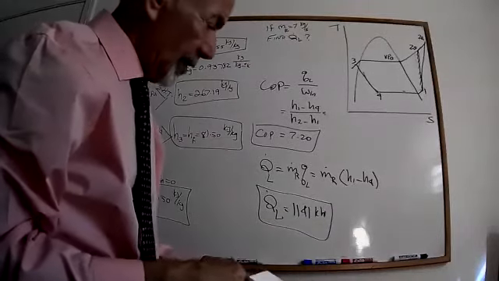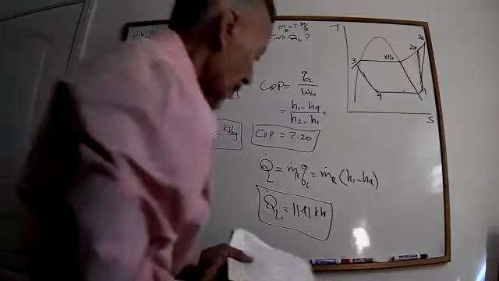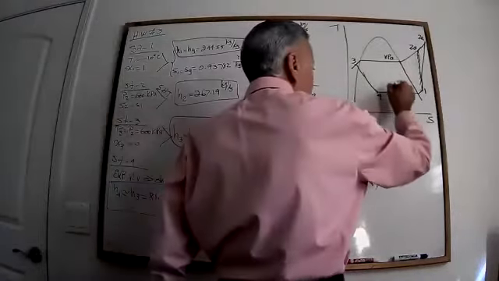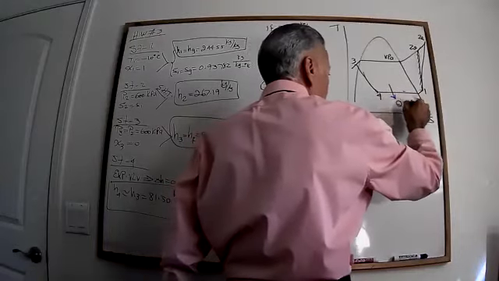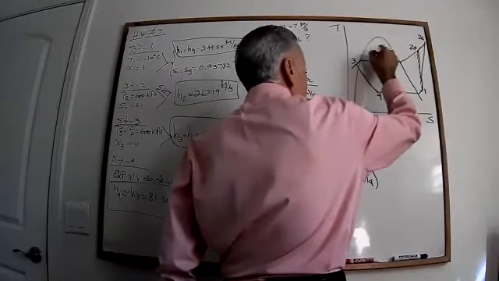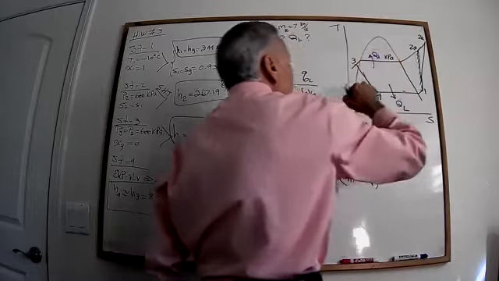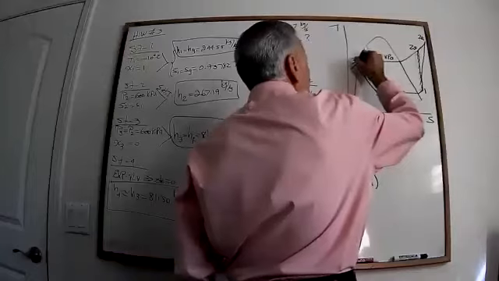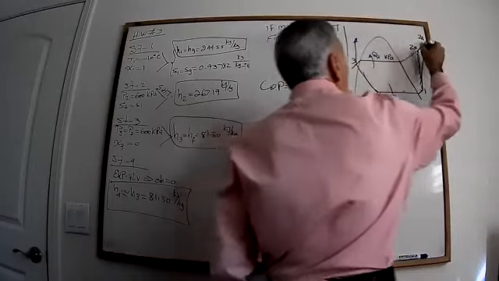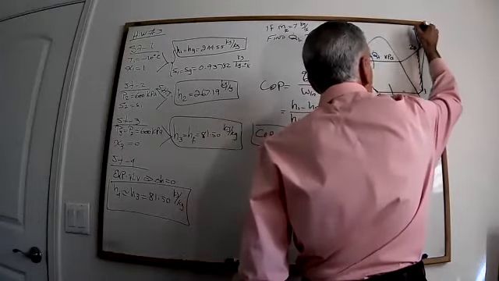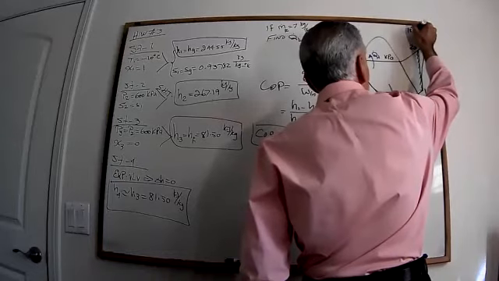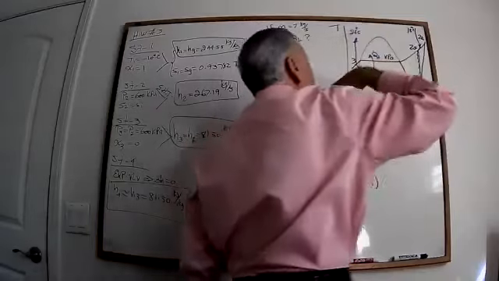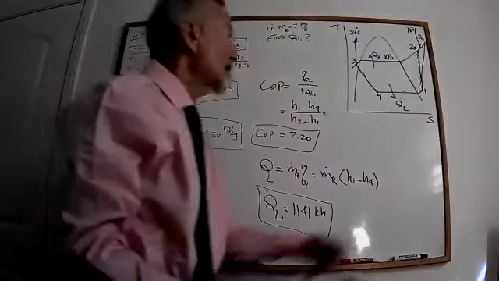Now, one thing that you need to pay attention, the problem said that we remove the heat. Keep in mind, this is the QL, and this is the QH. We remove the heat with water. That means you have the water enter at 18 degrees Celsius, leave at 26 degrees Celsius at the condenser.